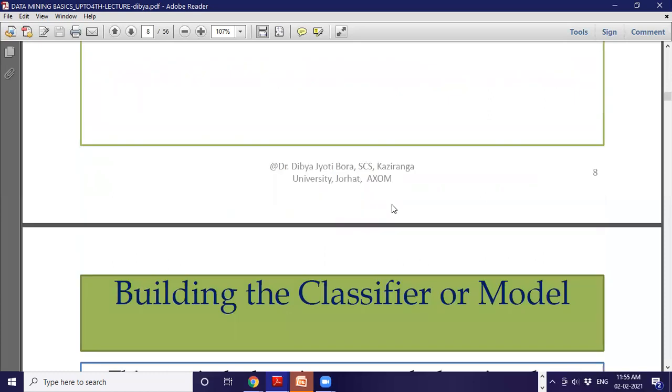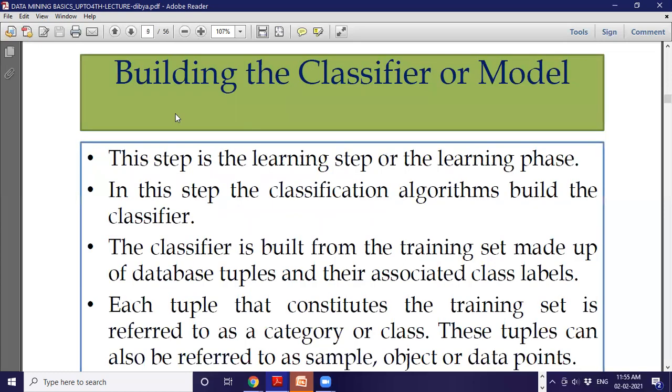So let's come to the first step, that is building the classifier or model. This step is also known as the learning step or learning phase, because here we try to build a classifier. In this step, the classification algorithms build the classifier.